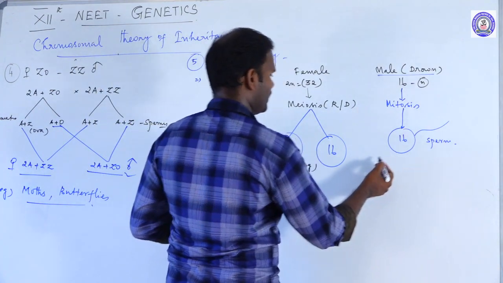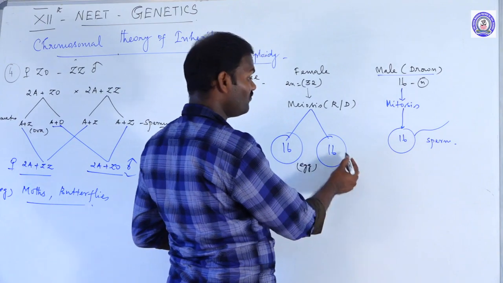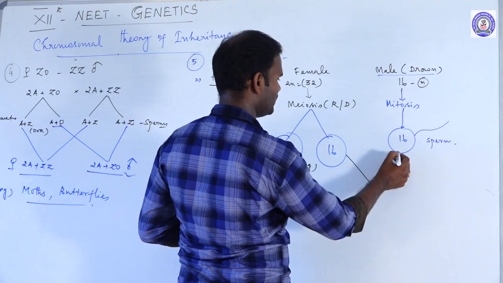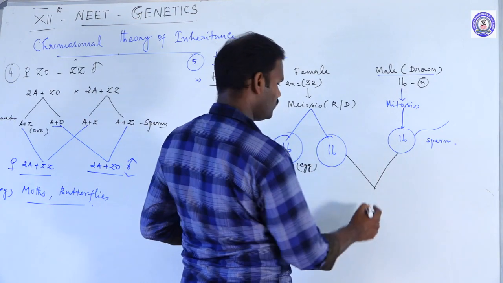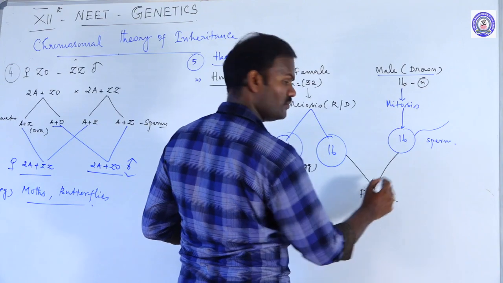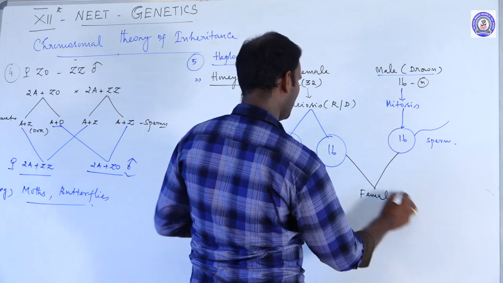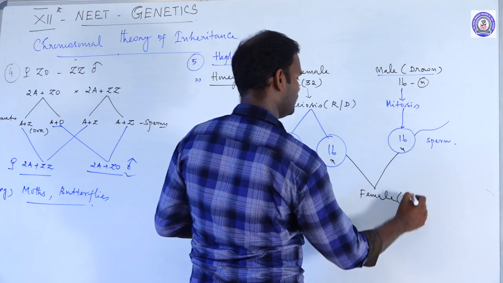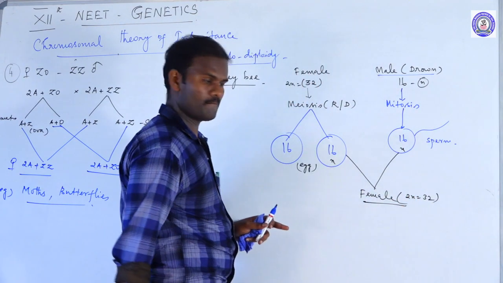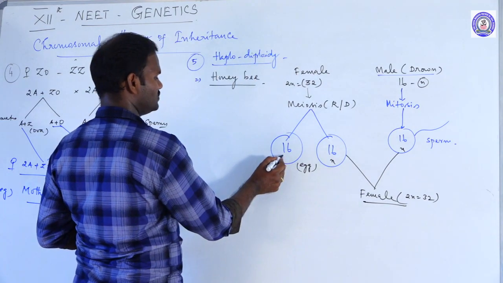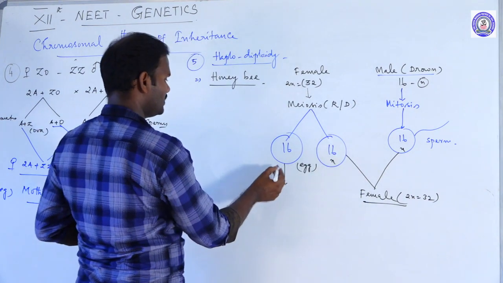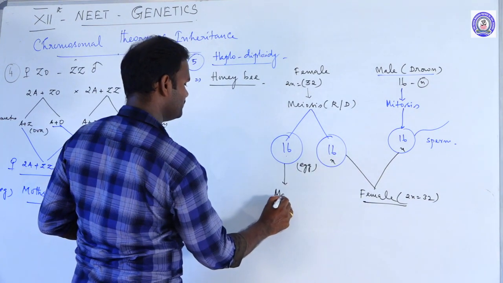So here the female is formed by the fertilized egg. So one egg fused with the sperm to form female. So female is diploid, N plus N, 2N is equal to 32. But these other eggs do not fertilize with the sperm. They directly develop into male.